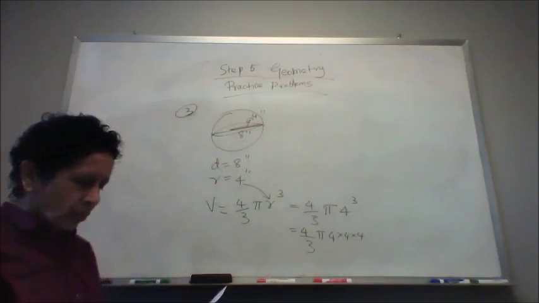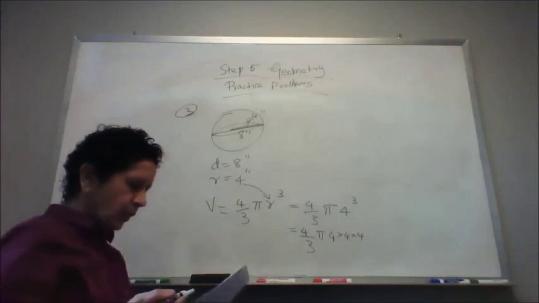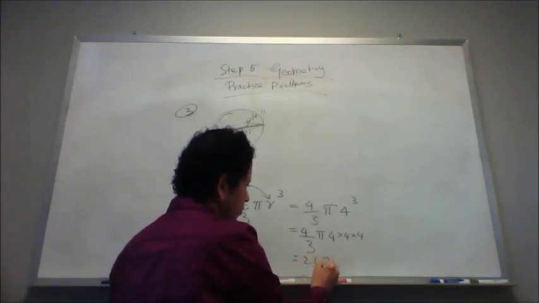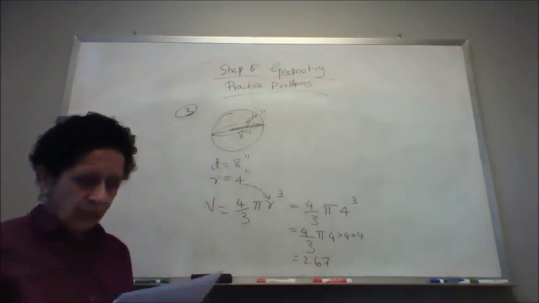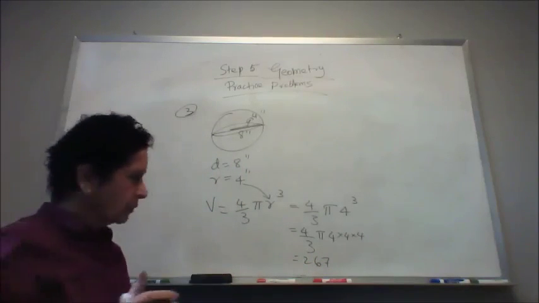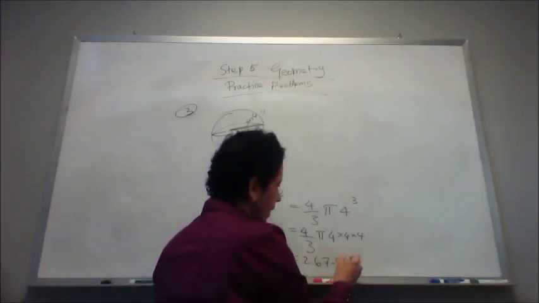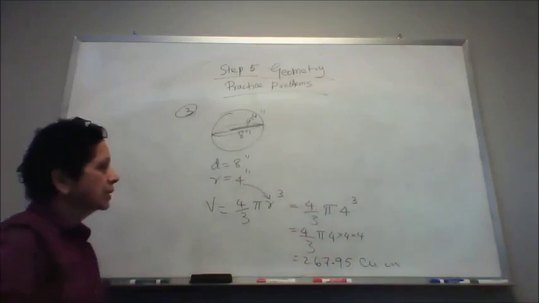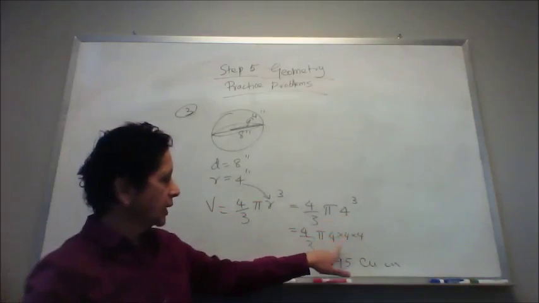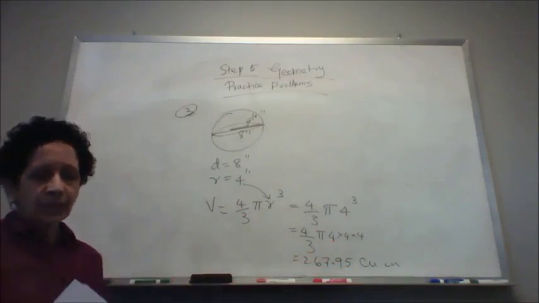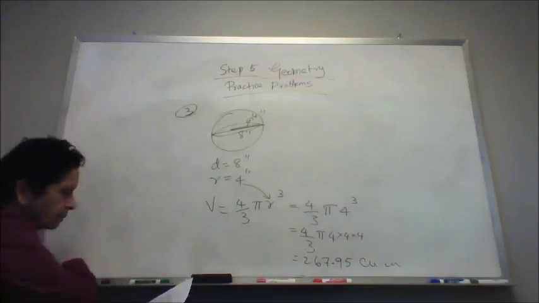It comes out to be 267.95. You don't need to waste your time doing it by hand. And it's cubic inches, because the radius is in inches, so your answer is going to be in cubic inches, okay?